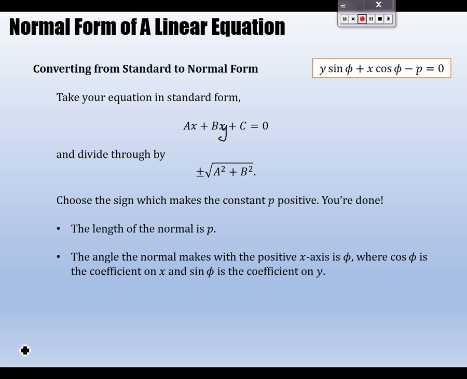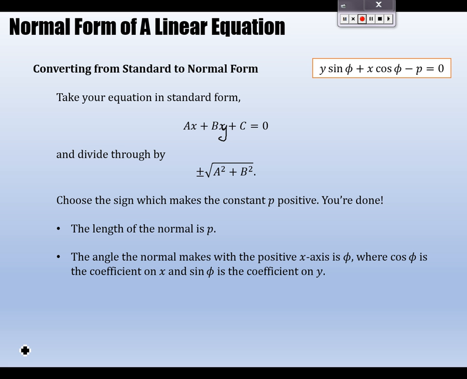Okay, the next thing I'm going to do is an example, and I think a couple of examples will be helpful. But conceptually, P will be the new C. It'll be C divided by this new thing. Every coefficient gets divided by the square root of a squared plus b squared.